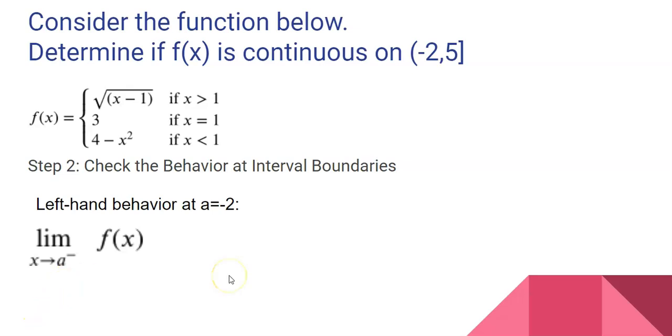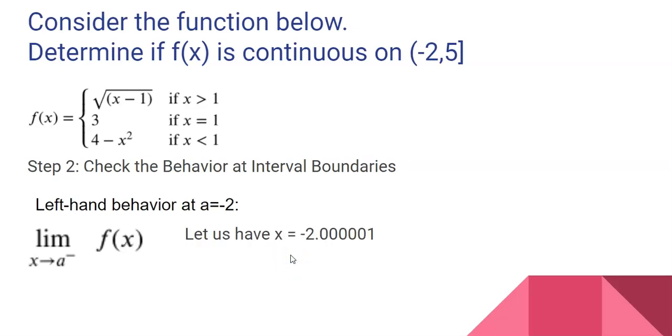You can do this by creating a table of x and y values or by simply computing f of a using a value of a that is very close to the boundary a. So our boundary a is negative 2. So we can have an x equals to negative 2.00001. Right? So that's very close to negative 2 but not really equal to negative 2.